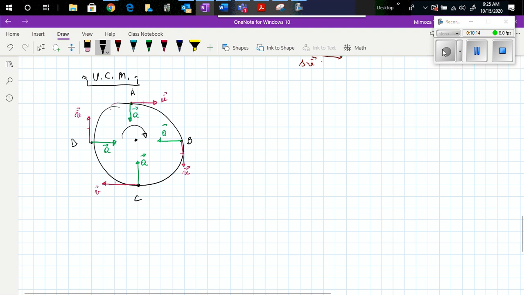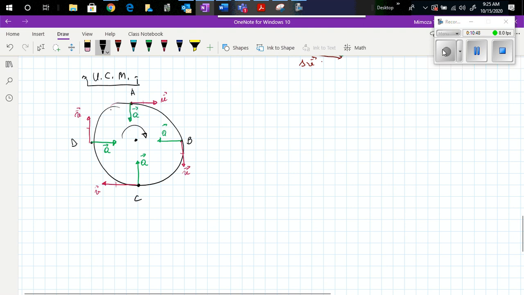What is not changing throughout the motion is the magnitude of the velocity and the magnitude of the acceleration. This is why it takes the name: the word uniform comes from this, and circular comes from the fact that it's going around a circle.